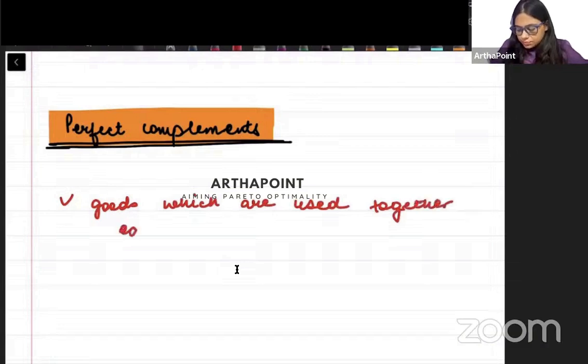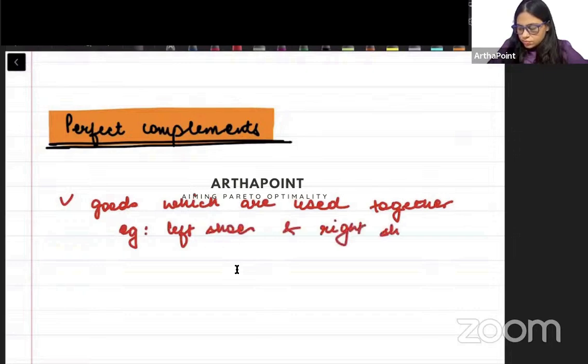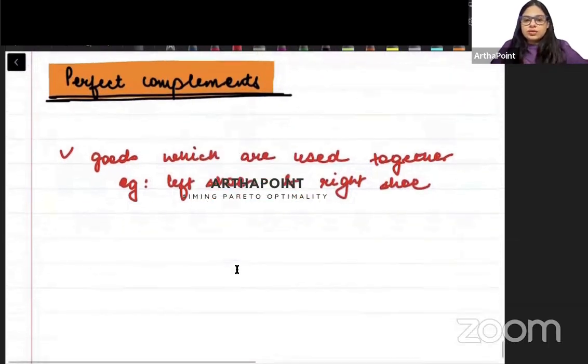Example, left shoe and right shoe, right? These goods are used together.